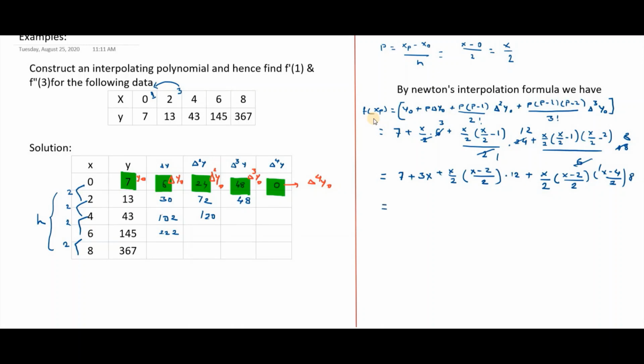This is equal to 7 plus 3x plus. Now x into x minus 2 is x square minus 2x divided by 2 into 2 is 4 into this 12 plus.